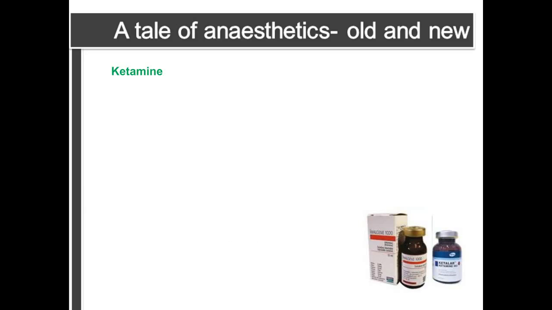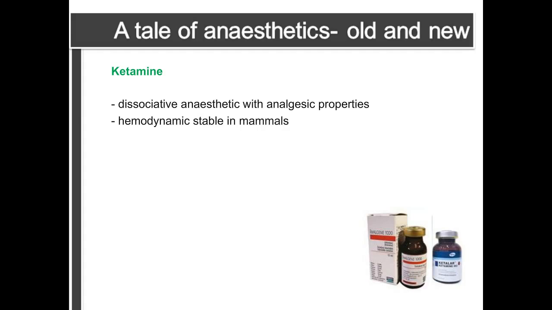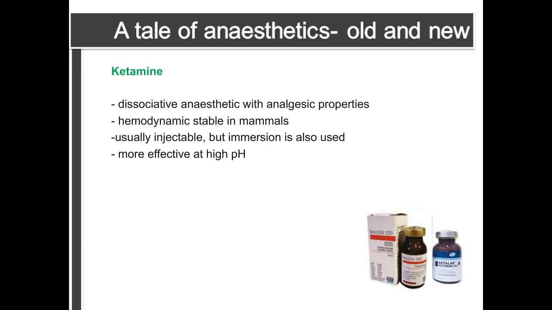The ketamine is not very used in fish in water bath, but in injection. It's a dissociative anesthetic with some analgesic properties. It seems interesting to test it in fish because it has been demonstrated to be hemodynamically stable in mammals.